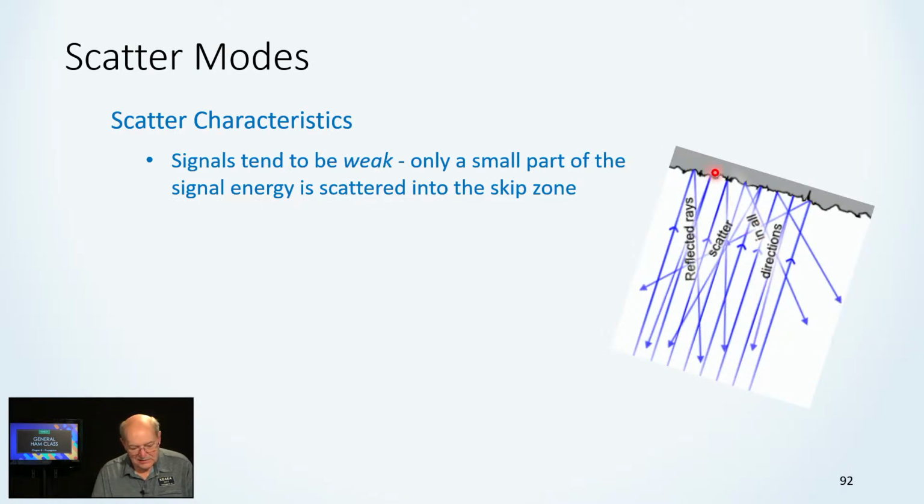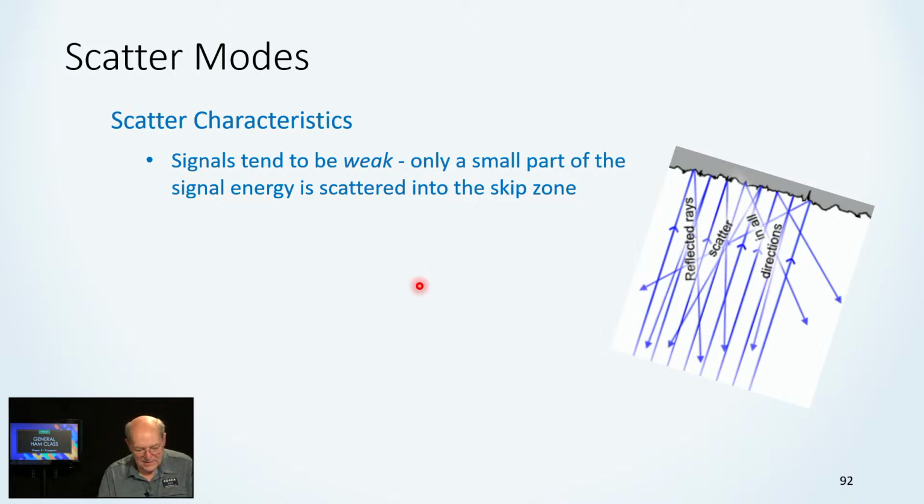So this is a little bit more realistic view of what the ionosphere may look like. This might be kind of hard to read, but what the words say is reflected rays scatter in all directions. So we've got something coming up here, and due to odd discontinuities in the ionosphere, they might come down here, they might come down there. Here's one that's coming from way over here and coming back.